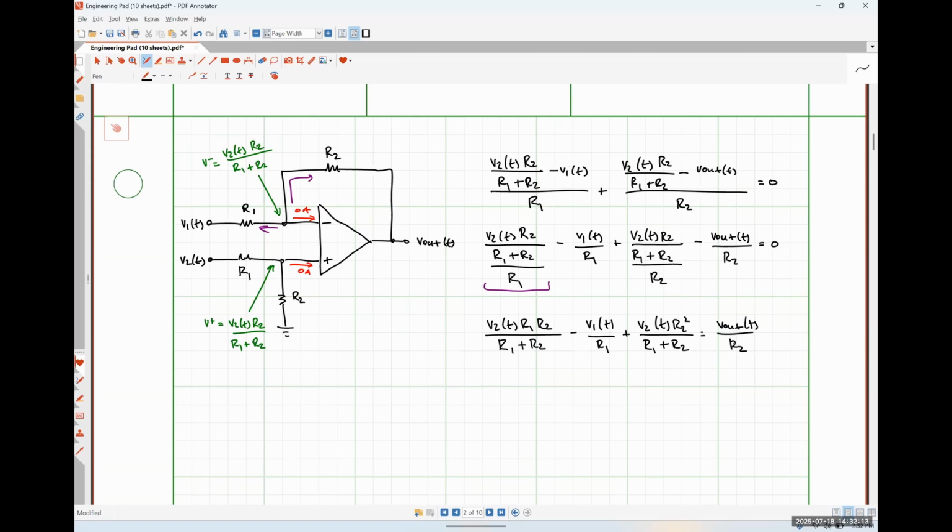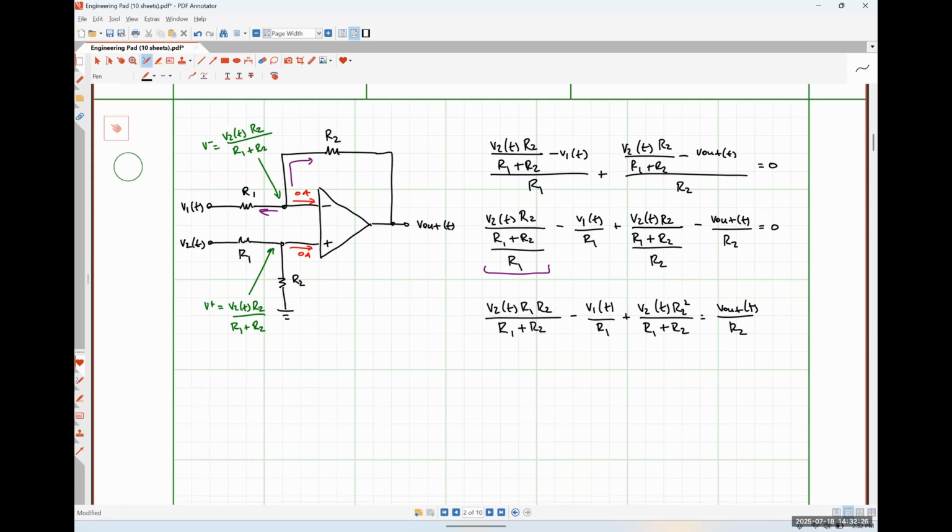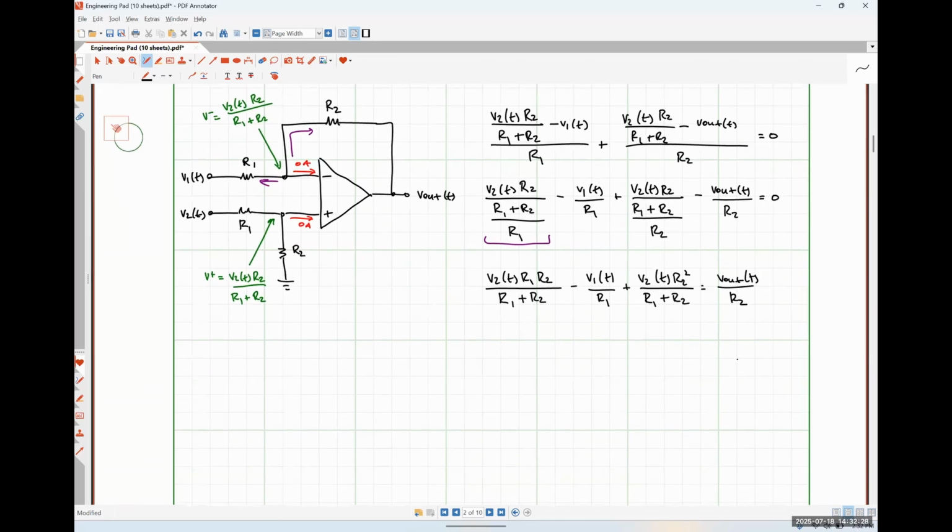So my two terms that have V2s in them are very, very similar, right? I have a factor of R2 over R1 plus R2 that's common to both of them. So let me put R2 over R1 plus R2 out here.